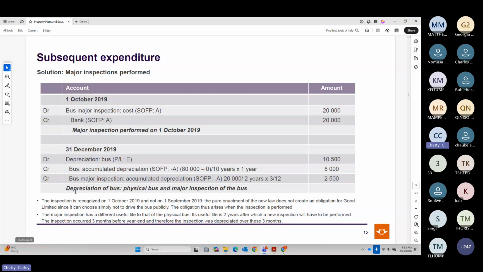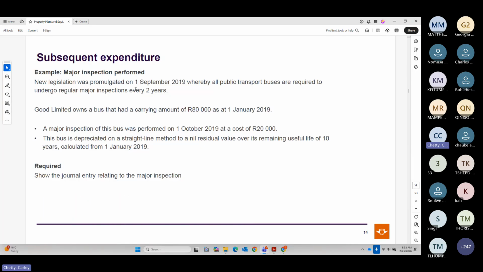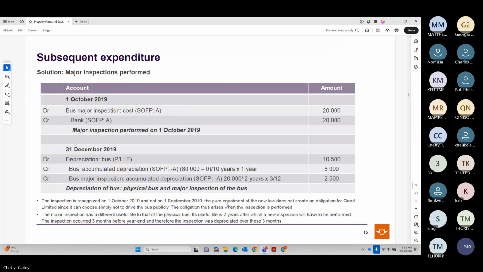Okay. So let's just think about this as well. Why is the inspection recognized on 1 October 2019 and not 1 September 2019? It told us that new legislation was promulgated on 1 September 2019.